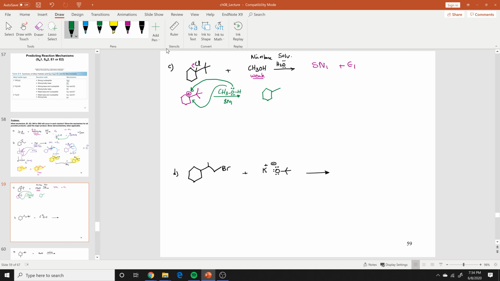So let's make these two in plane. If the attack of methanol is behind, then this group over here, the whole thing, is going to be in front. Drawing stereochemistry is really important. Now, even though this is not a chiral center over here because these groups are the same, since it's a cycle, you can show the tetrahedral geometry.